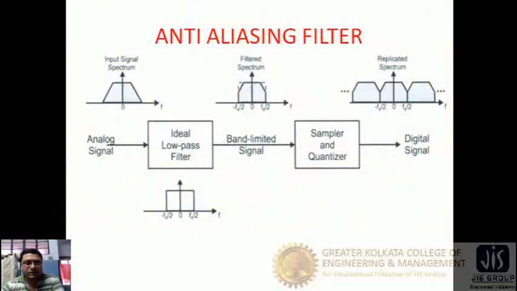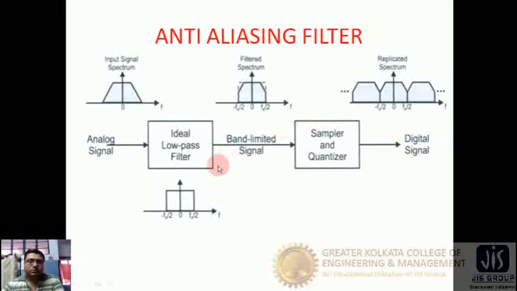So the solution is the anti-aliasing filter. For that, an ideal low pass filter or band limited filter, which means it limits to a certain band and rejects the higher frequencies present in the signal. So the distortion does not occur in the sampler or other digital activities.